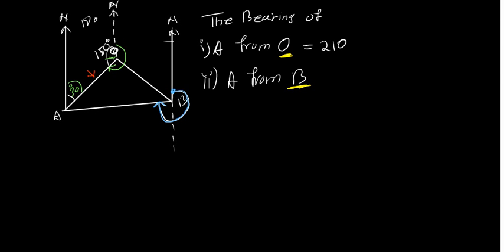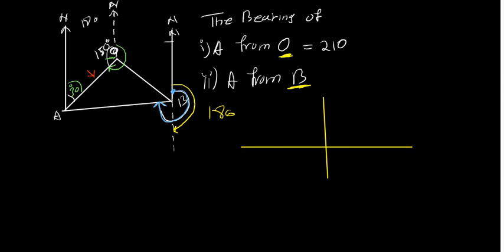So starting from this point to come to that point, it's very easy to find because those are angles on a straight line, and angles on a straight line are equal to 180 degrees. Someone might ask how is it 180 degrees? It's very simple. If you have this, this is a line.